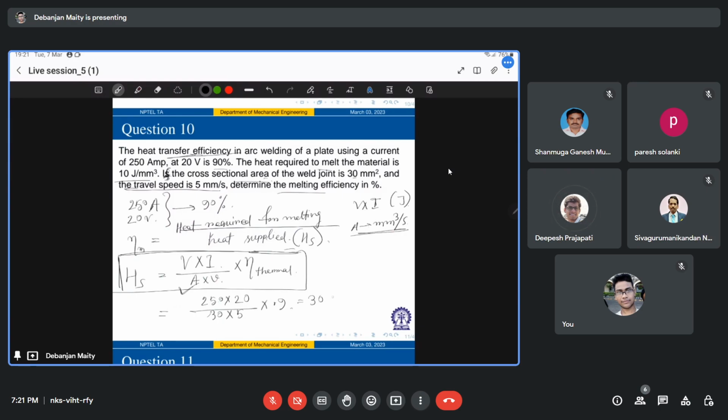Yes. So if this is 30 and you have your heat required for melting is 10, you can simply write down melting efficiency is 10 by 30, something like 33.3%. Got it? Yes. Great.